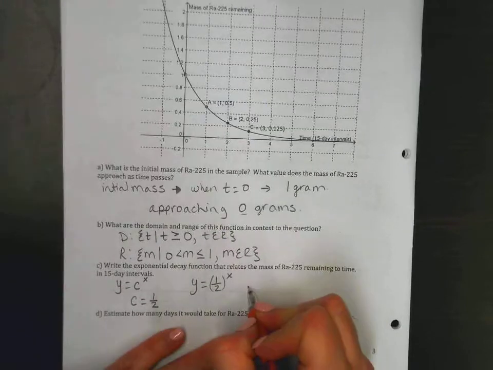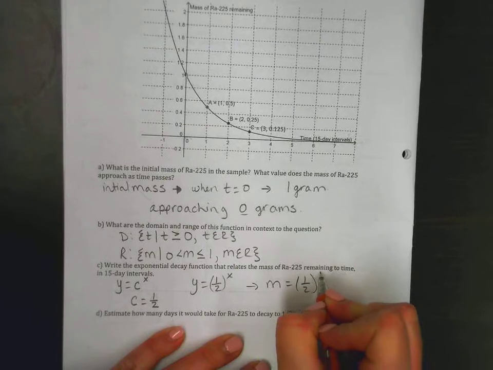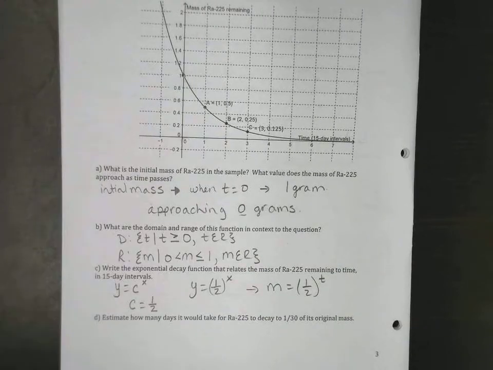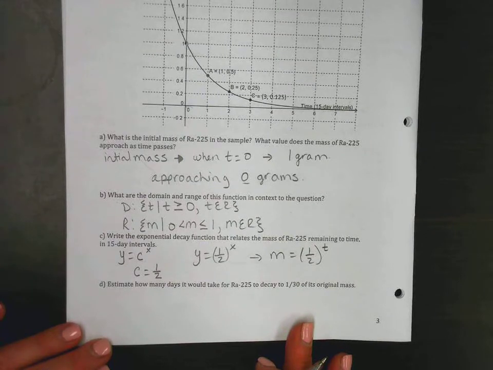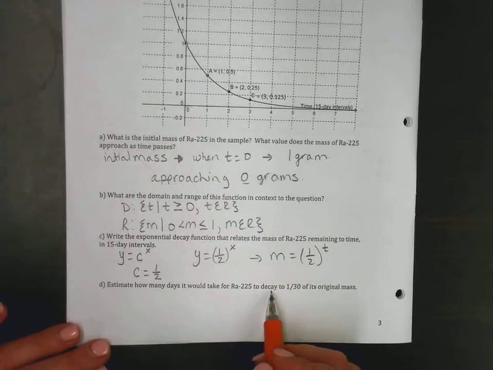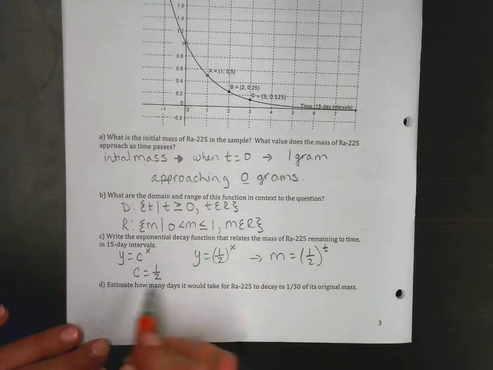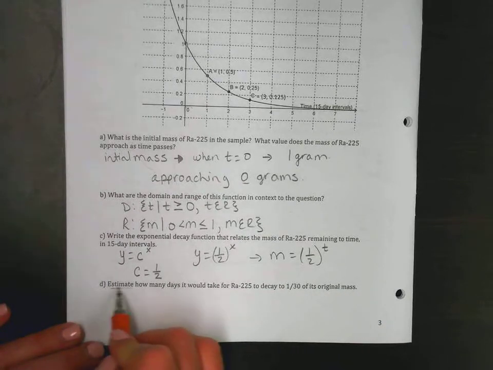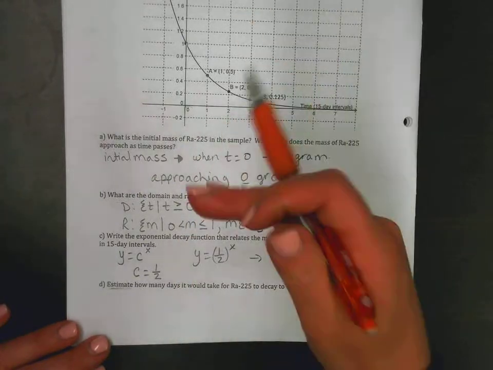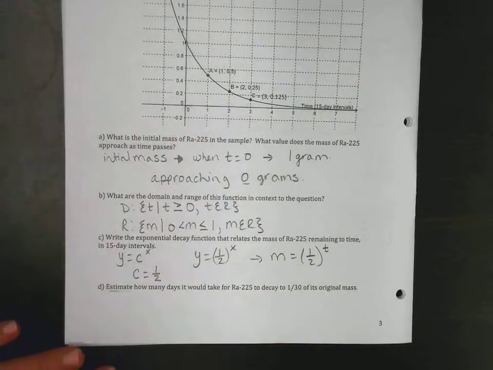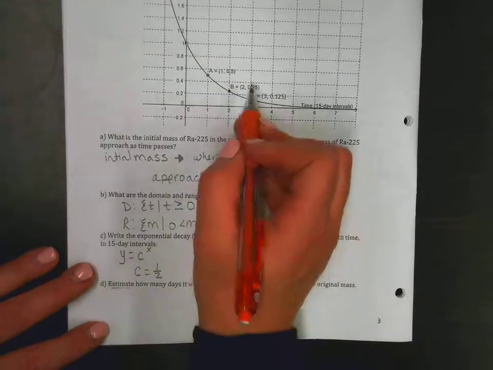Or if you relate it to the variables that we were talking about, it would be m equals 1/2 to the power of t. Estimate how many days it would take for Ra-225 to decay to 1/30th of its original mass. Because it's an estimate, one way we could do it is to continue to break this down, and rather than working in decimals, I'm going to think about this in fractions.